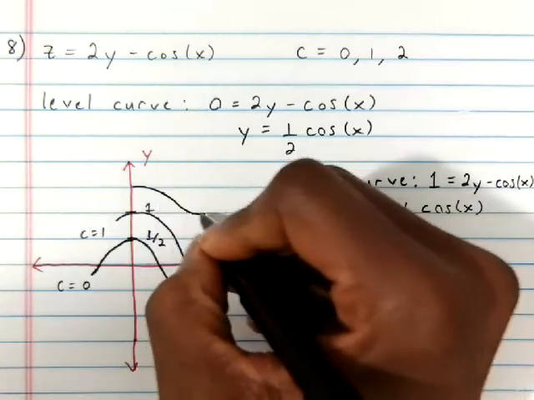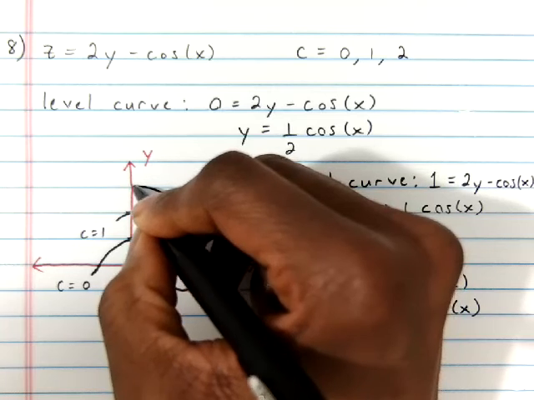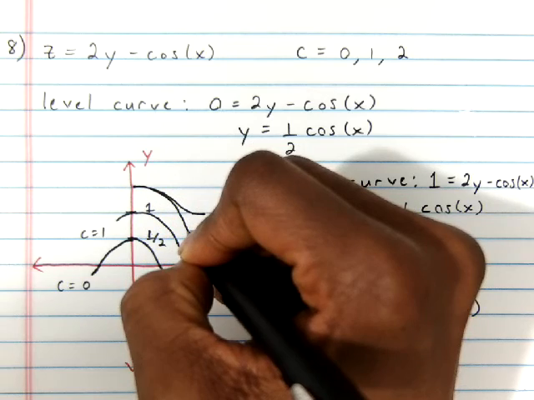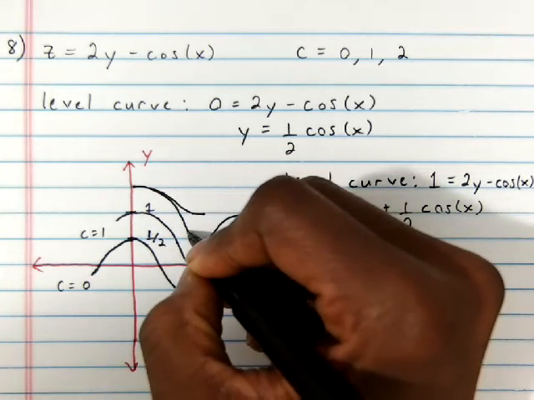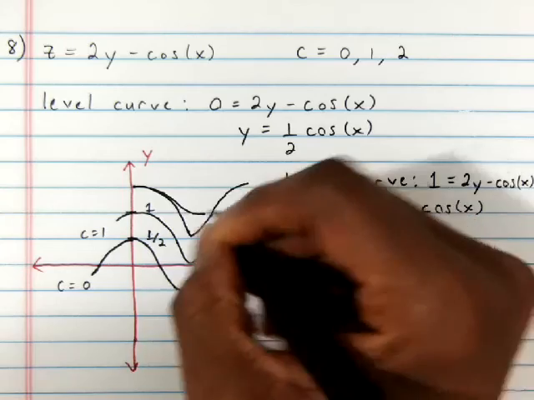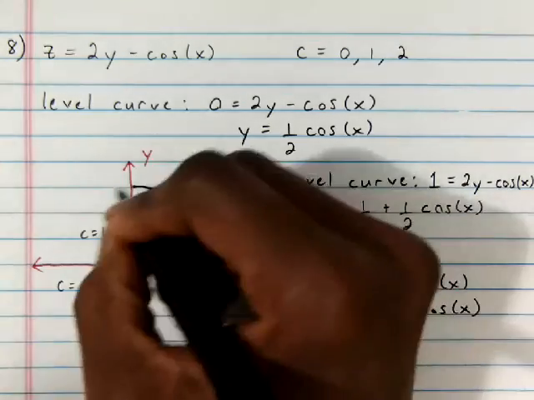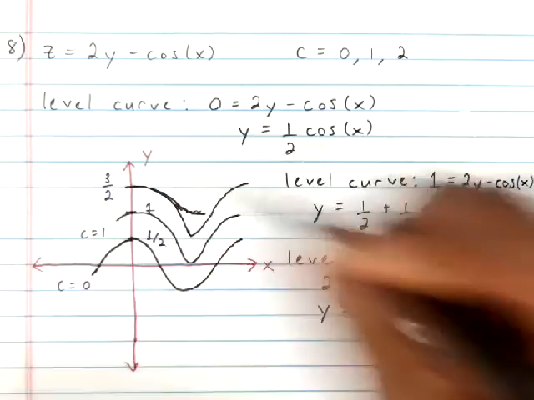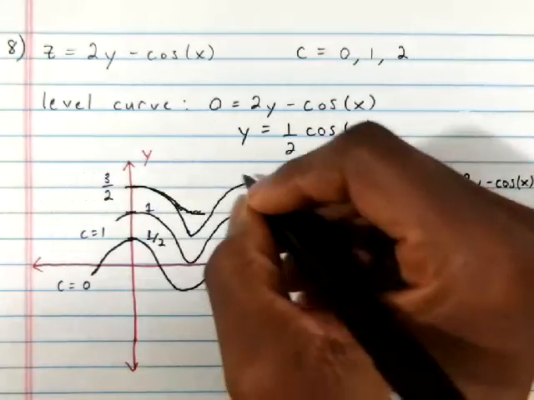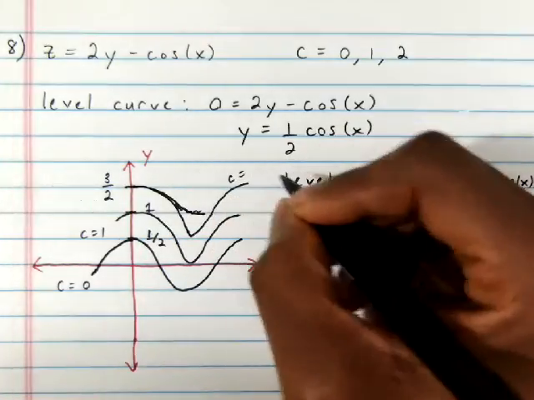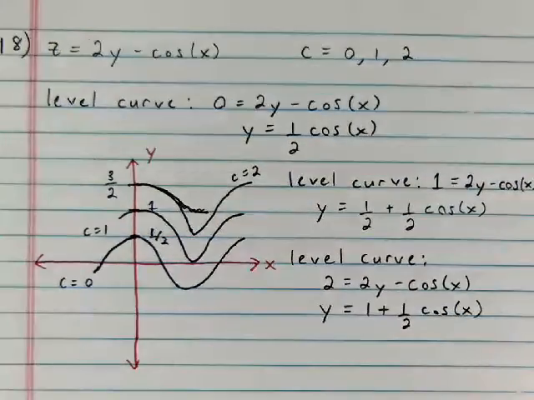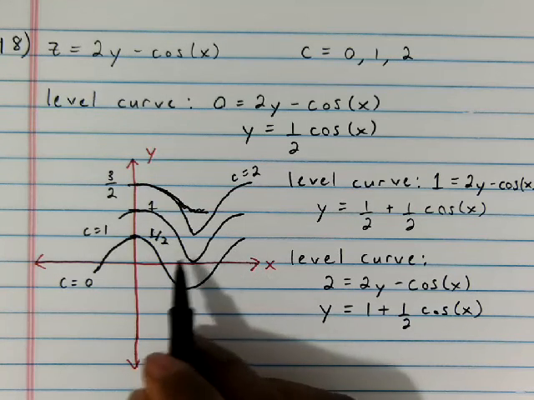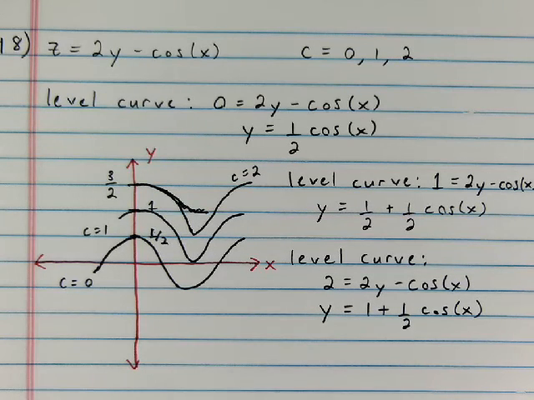Sorry about that. And this one is wrong entirely. I should have left myself more space. It should come down here, but they should not be getting skinnier and skinnier, although they are. So I apologize for that and scrap that part right there. This is 3/2. And that one we'll label over here is c equals 2. And those will be our level curves there. They should have all looked exactly like that and just been shifted instead of getting more and more narrow.